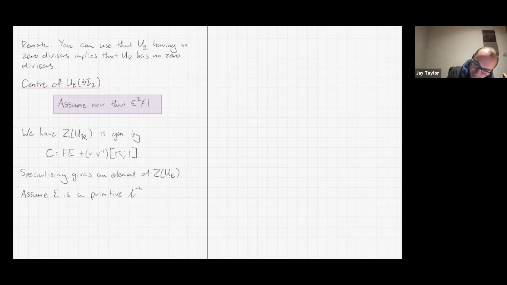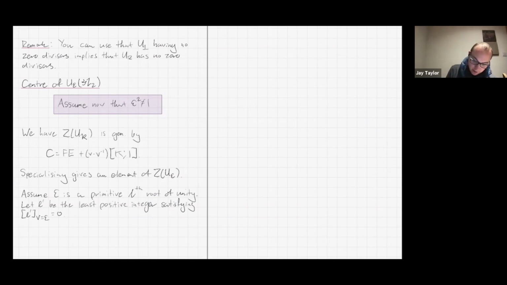So there's going to be an l-th root of unity, and let's let l' be the least positive integer such that when I take this term and specialize it, I should get 0.